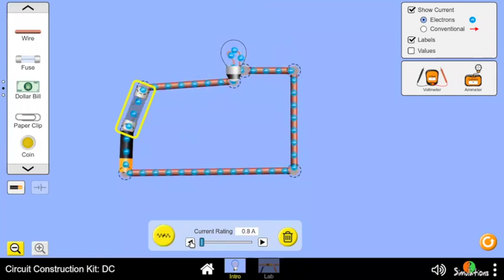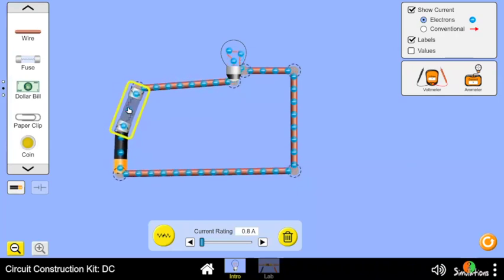Okay. Yes, sir. Now what happened? It broke. It broke, which means the current is greater than the tolerance. The current flowing through the circuit is greater than 0.8 ampere, right? Yes, sir. Okay, that you verify.